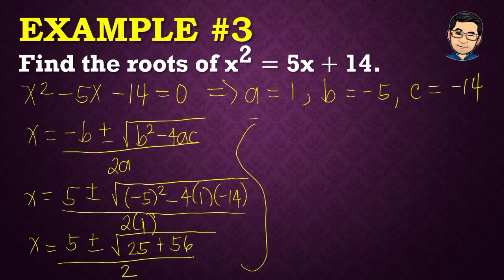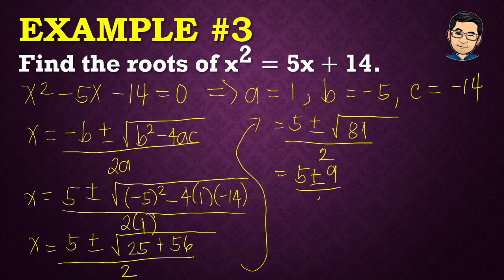Next, 5 plus minus the square root of, the sum of 25 and 56 is 81. And then all over 2. Next, 5 plus minus, what is the square root of 81? That is 9. And then all over 2.